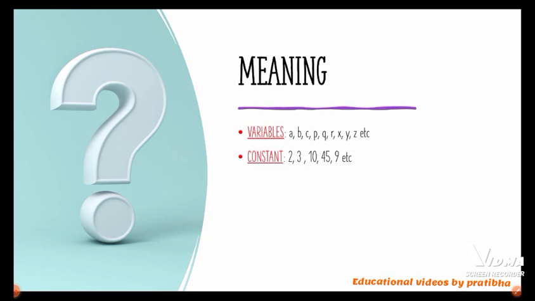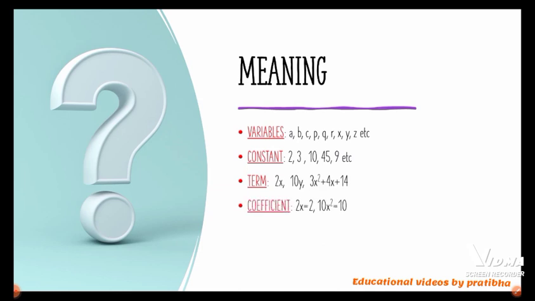So 2, 3, 10, 45, 9, these are called constants. And the number in combination with variables is called a term. So 2x is one term, 10y is one term, and 3x square plus 4x plus 14 is a combination of three terms together.